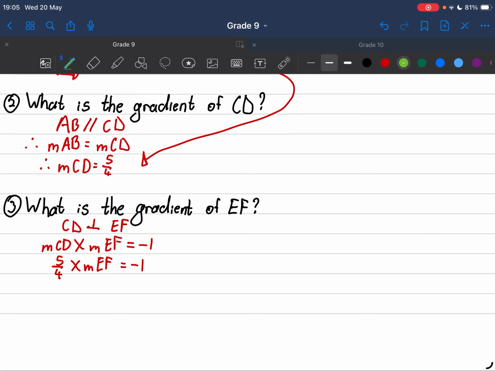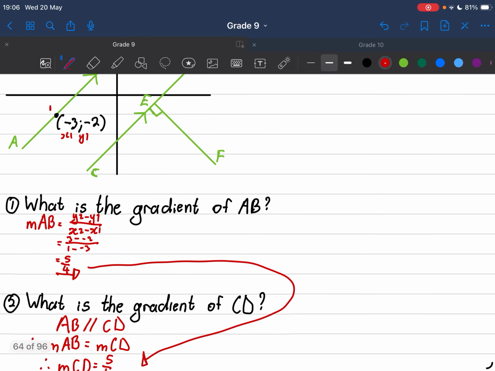We can solve this by multiplying both sides by the reciprocal, 4/5. The 4s cancel, the 5s cancel, and you're left with the gradient of EF on the one side, which is equal to -4/5. And that's the gradient of EF.